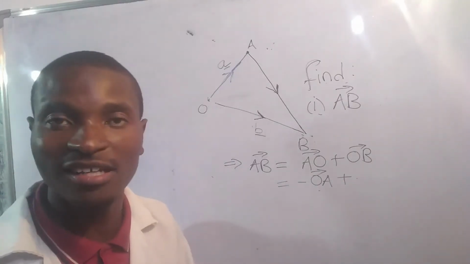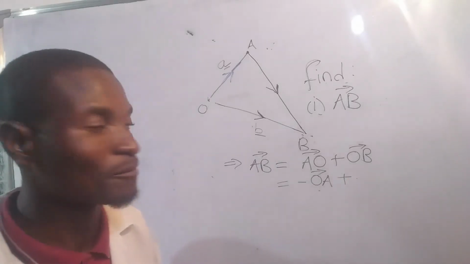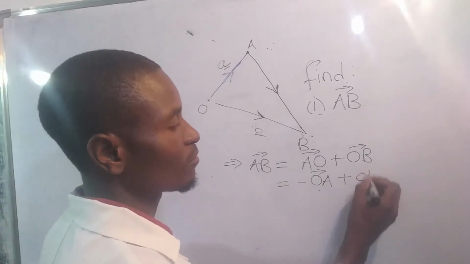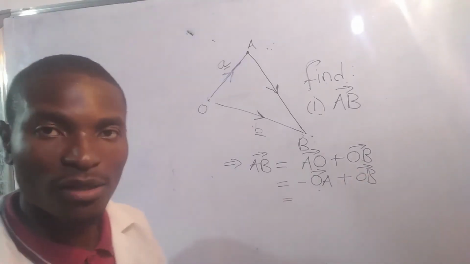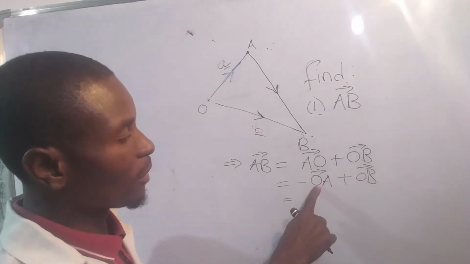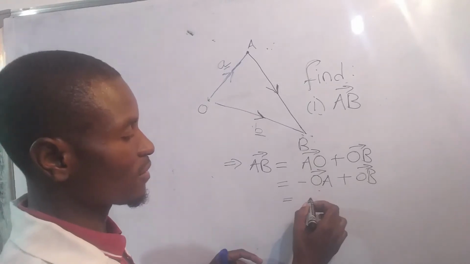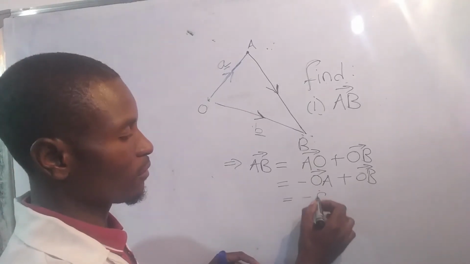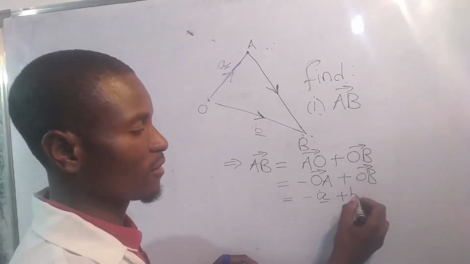You just keep it the way it is. Now, our OA is just the vector A, and our OB is just the vector B.